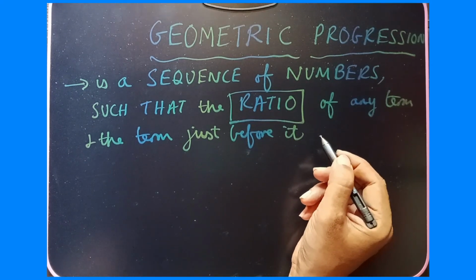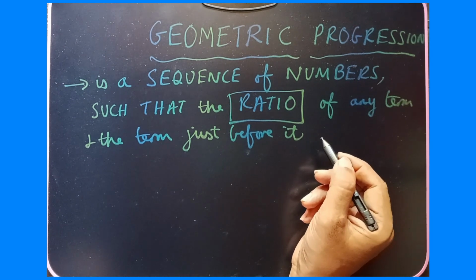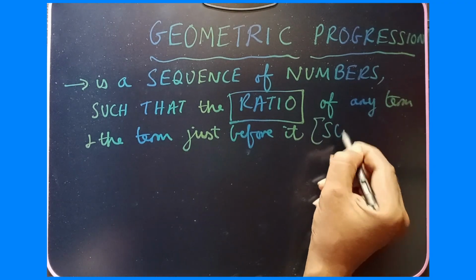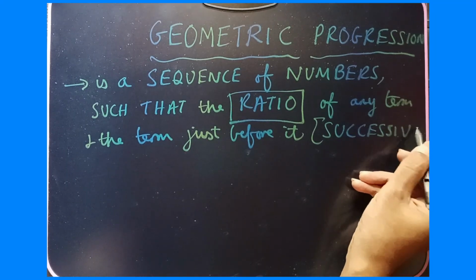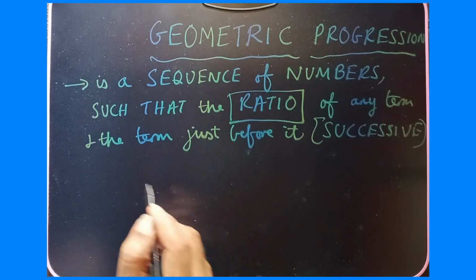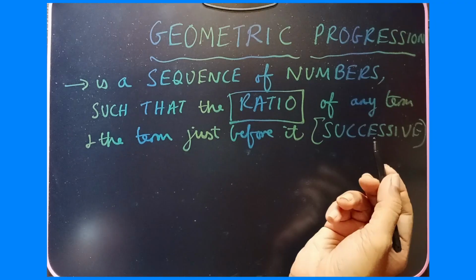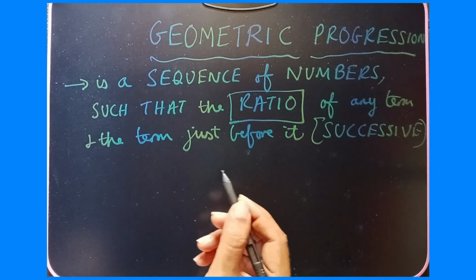Sir, why so complicated an explanation? So basically, it's the successive term only. Yes, it's the successive term. What about the successive term? The ratio of the term and the term just before it.